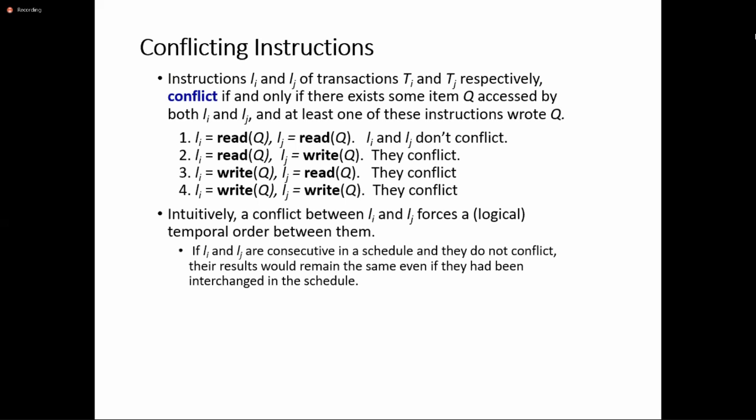But if you make changes, reading the balance only shows what the balance is, while write means making a change. If you read and make some changes at the same time, it is a conflict.